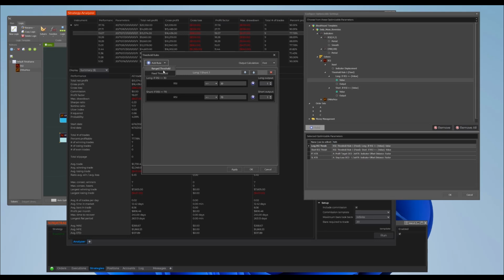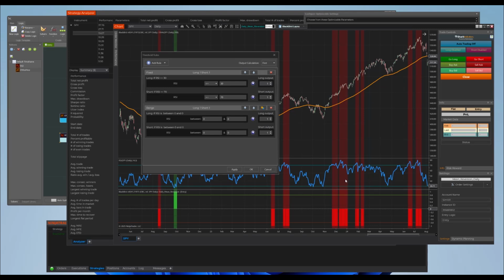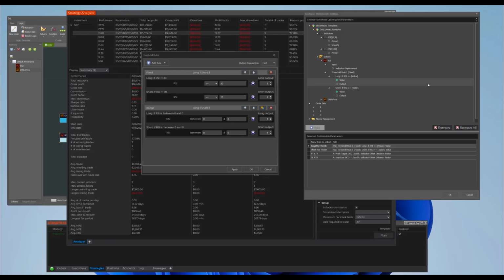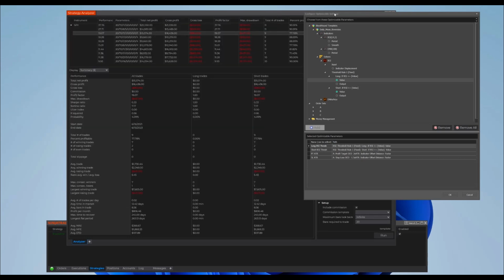Okay, so if I added even a range threshold here, and I wanted to change this up, and instead of looking for values that are simply below 30, maybe I want to look for values between 30 and 40, I would put between 30 and 40 down here, right? And then what we'd see is a second threshold rule that pops up here with those two ranges on there. There are two values, value 1 and value 2, and you can play with those as well. Okay, so that's BloodHound's optimizable parameters in a nutshell.